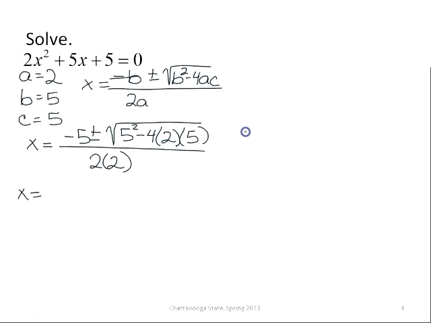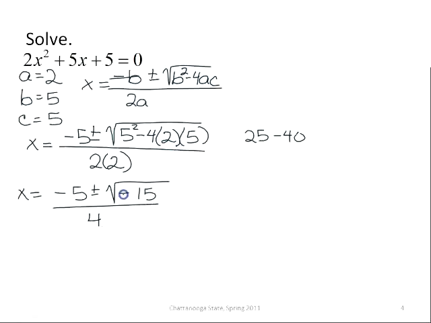So let's work this out under the radical. My 5 squared is 25. Then I'm going to have minus 8 times 5, which is minus 40. So that means I have a negative 15 under my radical. And then the 2 times 2 in the denominator gives me 4.